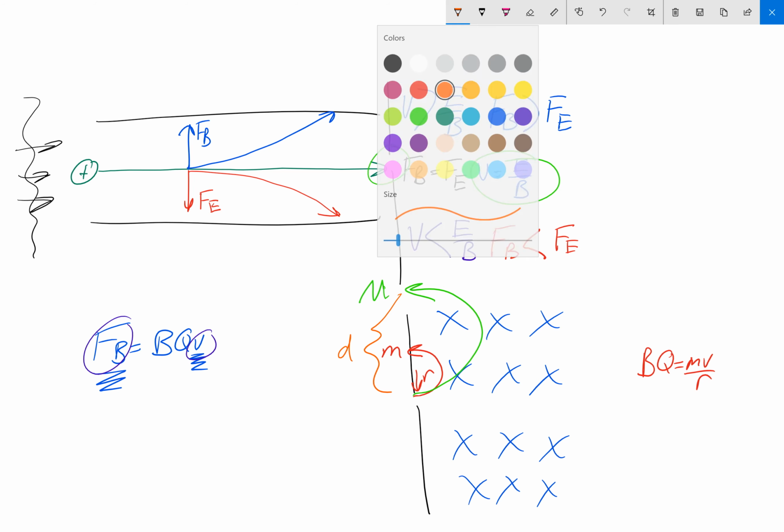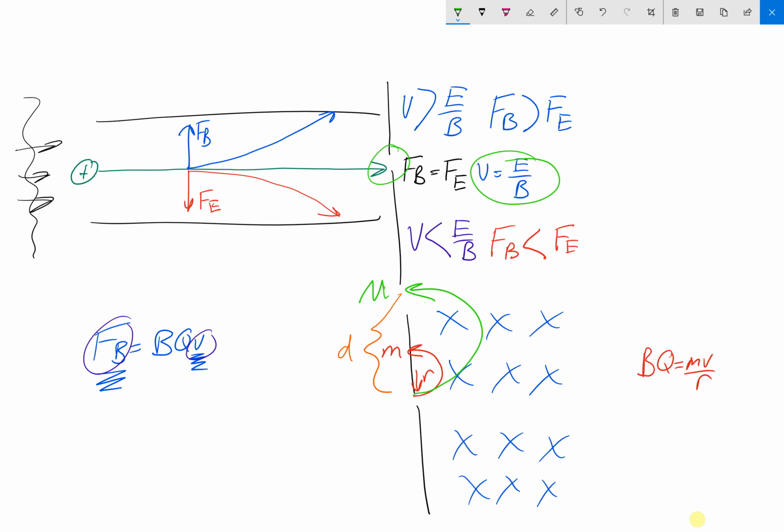Because if B and Q are the same for all particles, just for this assumption, and V is the same for all of them, if the mass goes up, that means the radius must also go up. So this mass spectrometer works based on where the particles are hitting detector plates. And that's basically the velocity selector mass spectrometer.